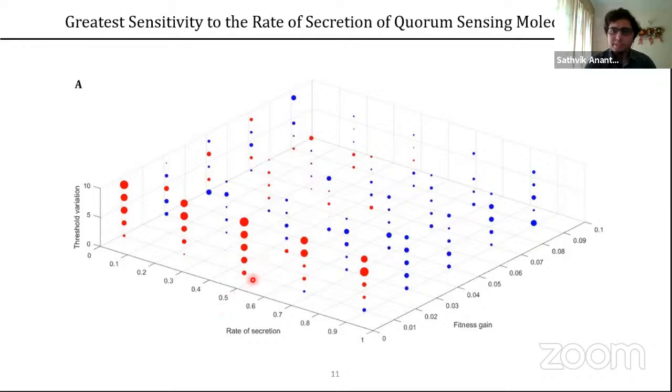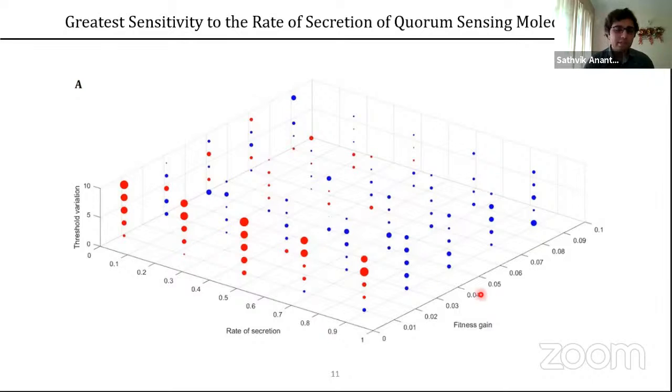The most obvious trend that we noticed from this is that as you vary the rate of secretion, as you go from this side of the box towards this side of the box, you see a gradual accumulation of blue in the box, which indicates that as you increase the rate of secretion of AHL molecules from the red strain, you see an advantage in fitness being derived by the blue strain.